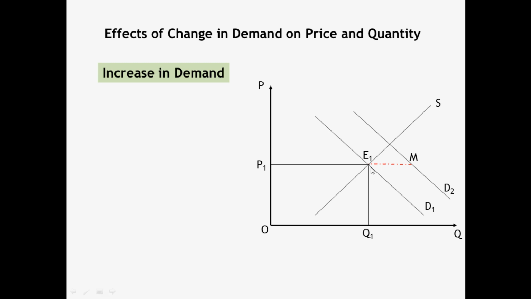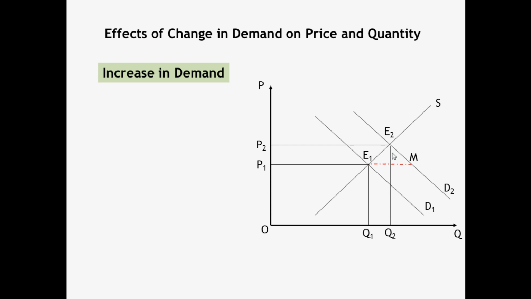Due to the shortage by the amount E1M, price tends to increase, and the increase in price continues until the shortage disappears and we reach a new equilibrium point E2, where the market is clear with price OP2 and quantity OQ2.